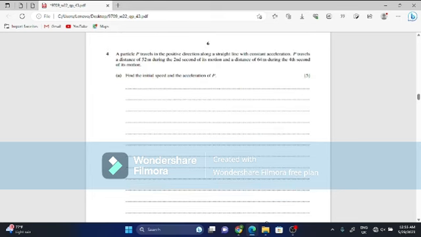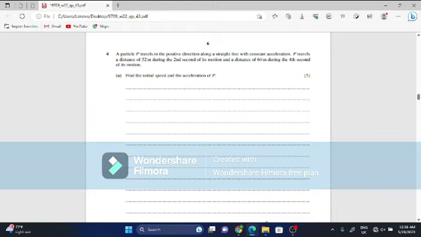Question number 4 says that a particle P travels in a positive direction along a straight line with constant acceleration. P travels a distance of 52 meters in the second second of its motion, and a distance of 64 meters during the fourth second of its motion.